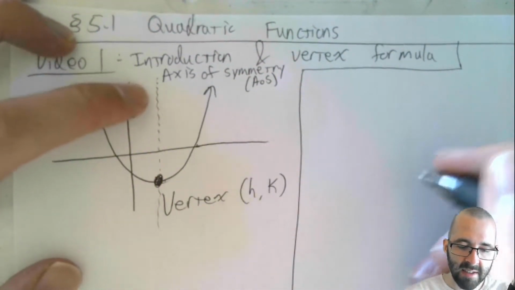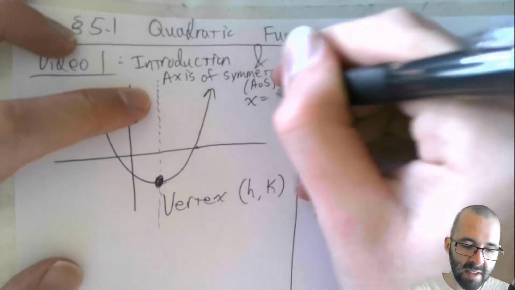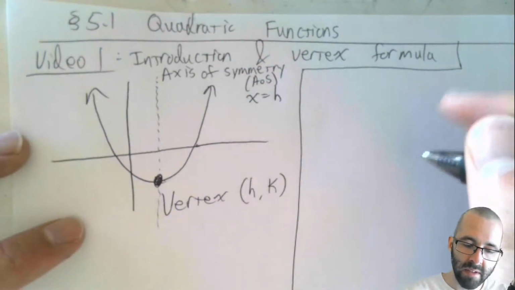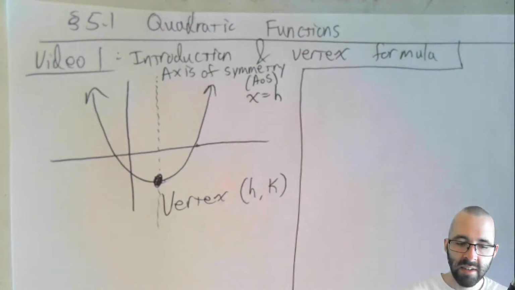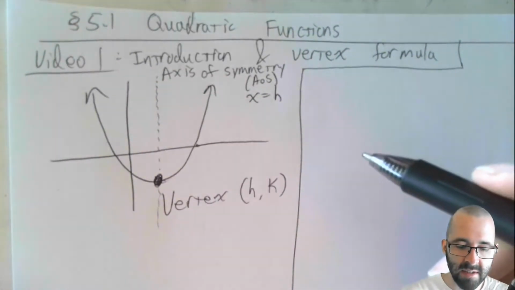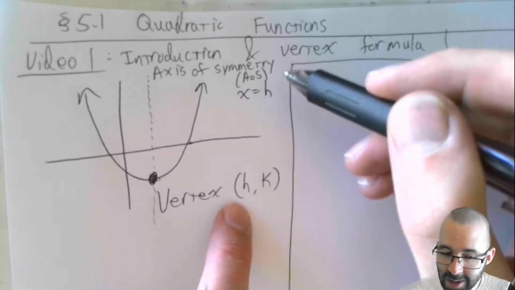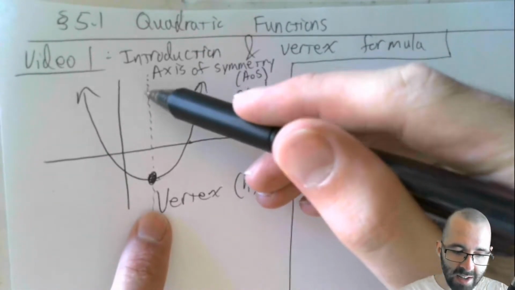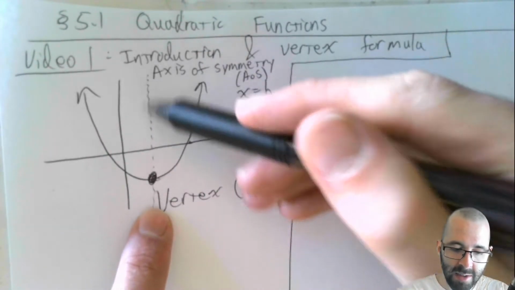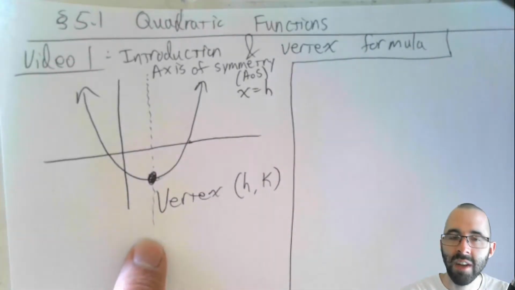And again, the axis of symmetry is always written in the form x is equal to some number, because it's a vertical line. This is the formula for vertical lines. And these h's, by the way, are not a coincidence that these are the same letters, because notice that the axis of symmetry is at the same x coordinate as the vertex.